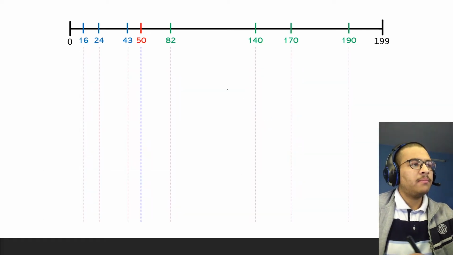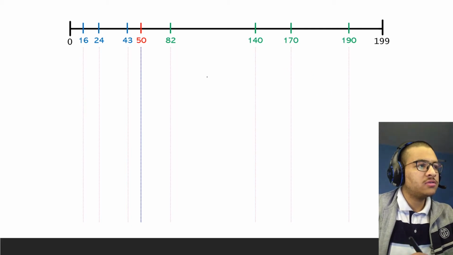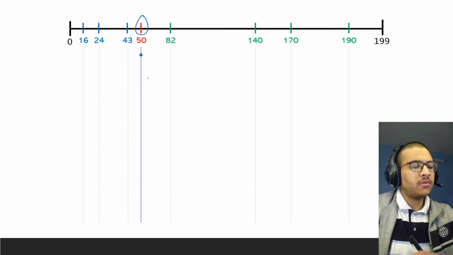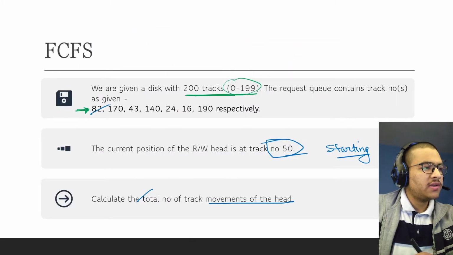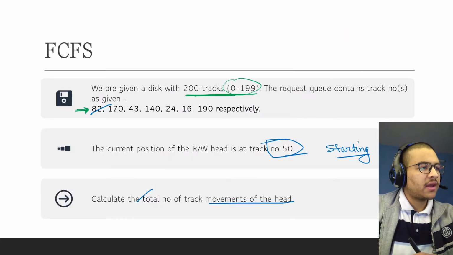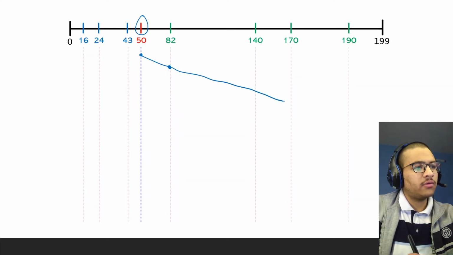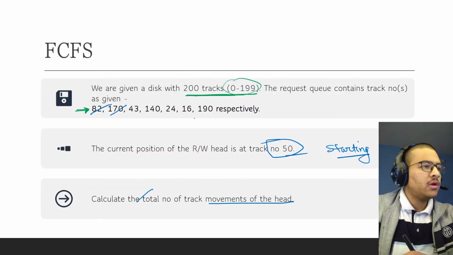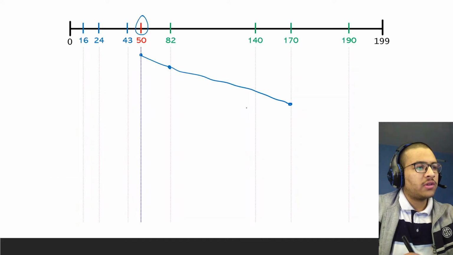I have made the particular sequence beforehand. Right now we are on the 50th track, that is the starting position, and from the 50th we have to go to the 82nd track. From the 82nd we have to go to the 170th track. Then from 170 we have to go to 43.